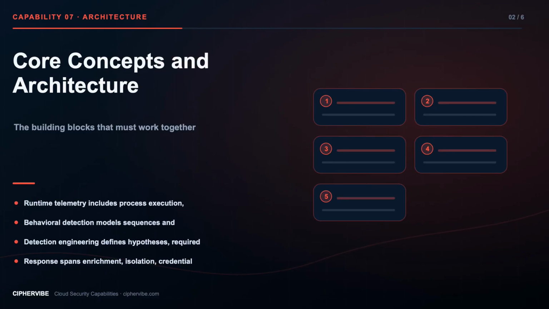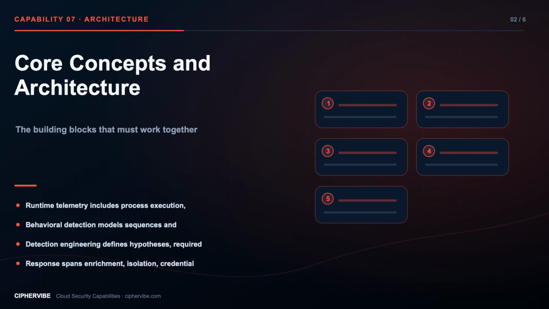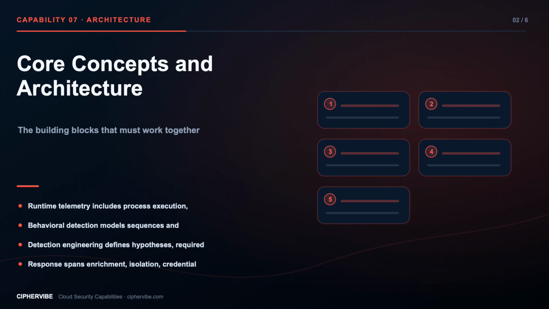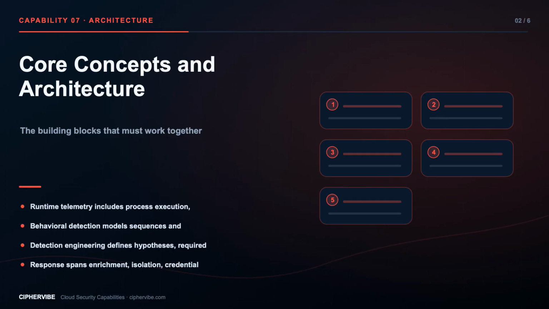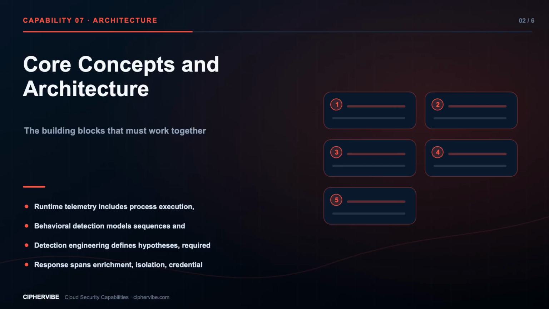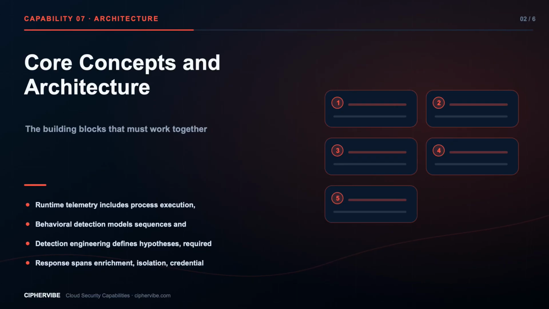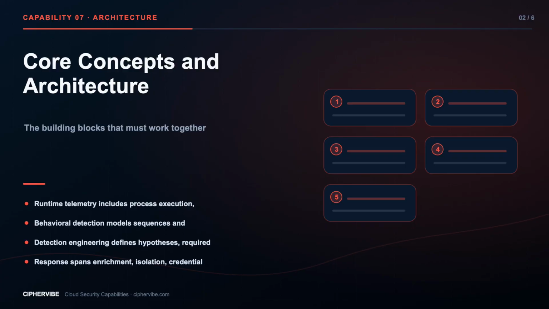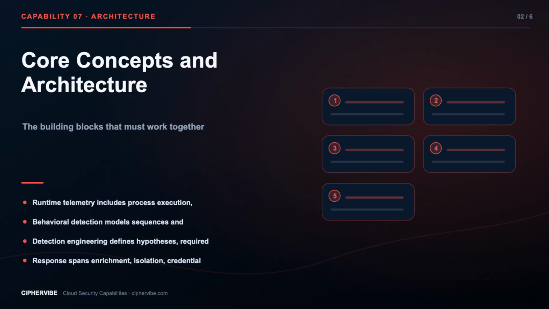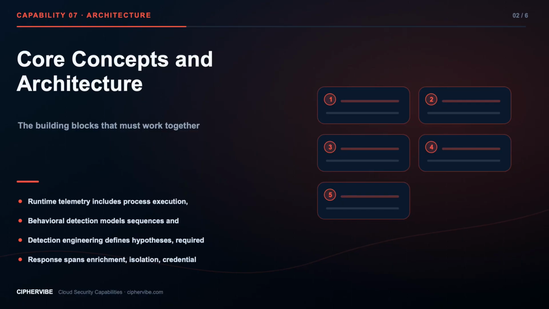The capability should create a traceable chain from source evidence to a security decision and then to an accountable action. First, runtime telemetry includes process execution, system calls, file activity, network flows, identity events, orchestration events, and cloud audit logs. Second, behavioral detection models sequences and relationships rather than depending only on signatures or static indicators.